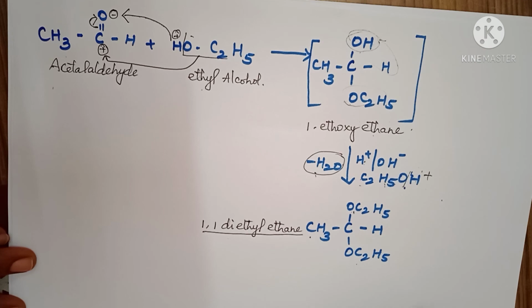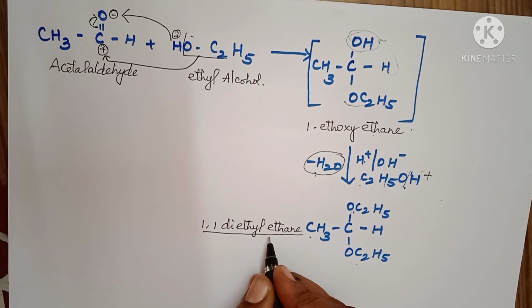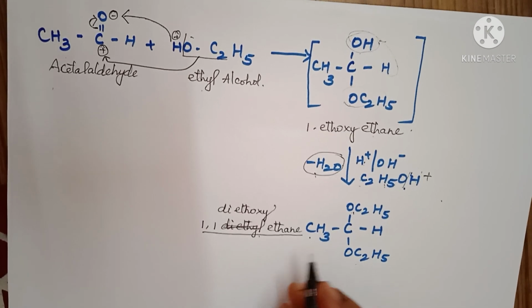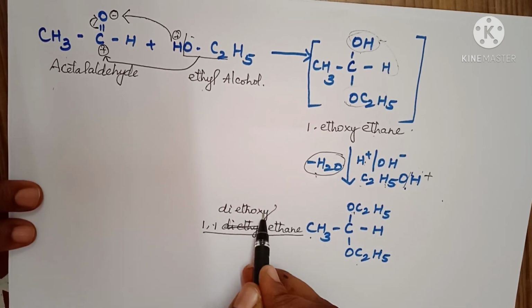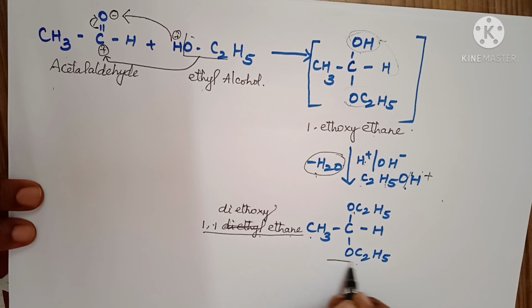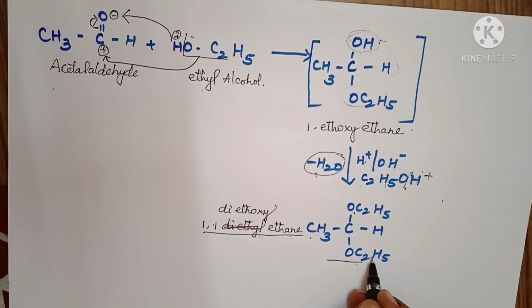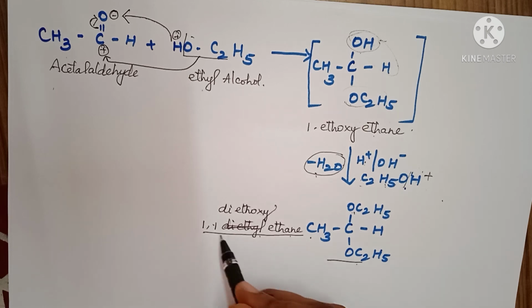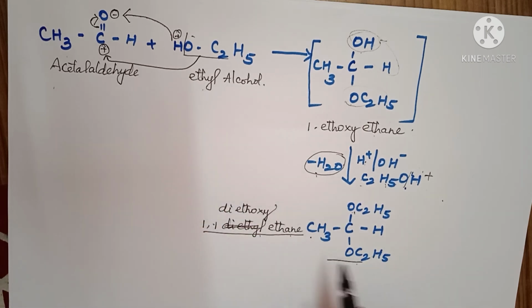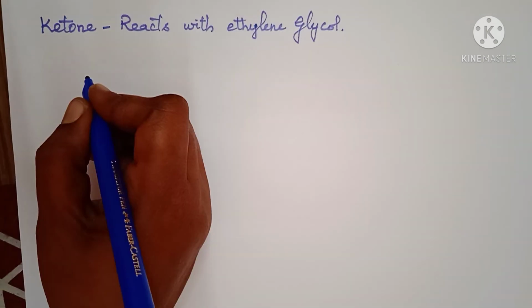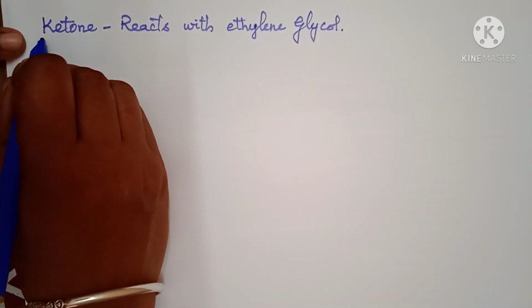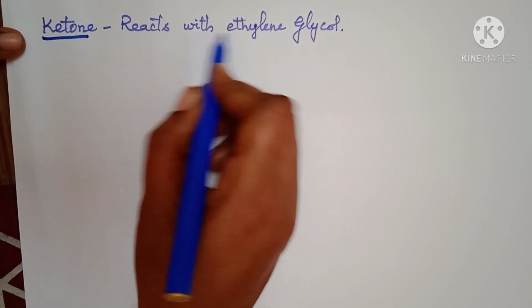1,1-diethoxyethane you will receive. This is the final product of acetaldehyde. The next reaction is ketone reacting with ethylene glycol.